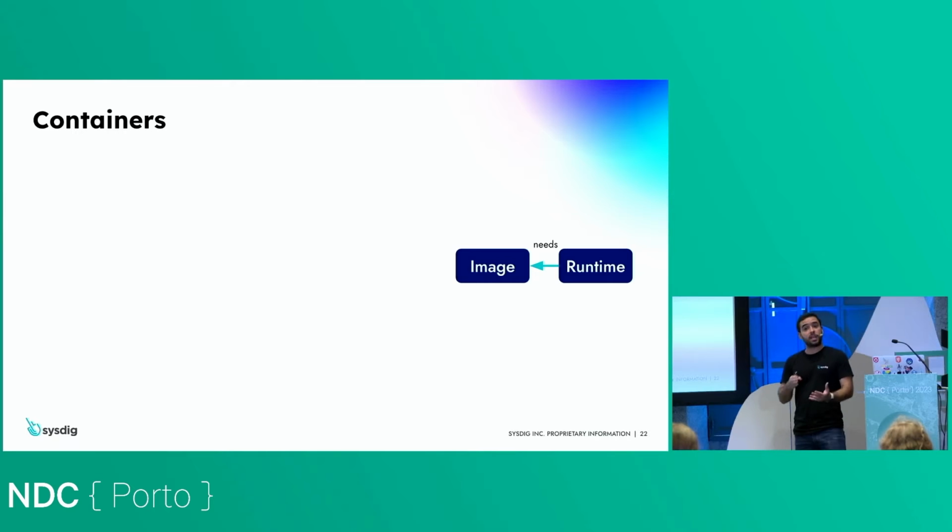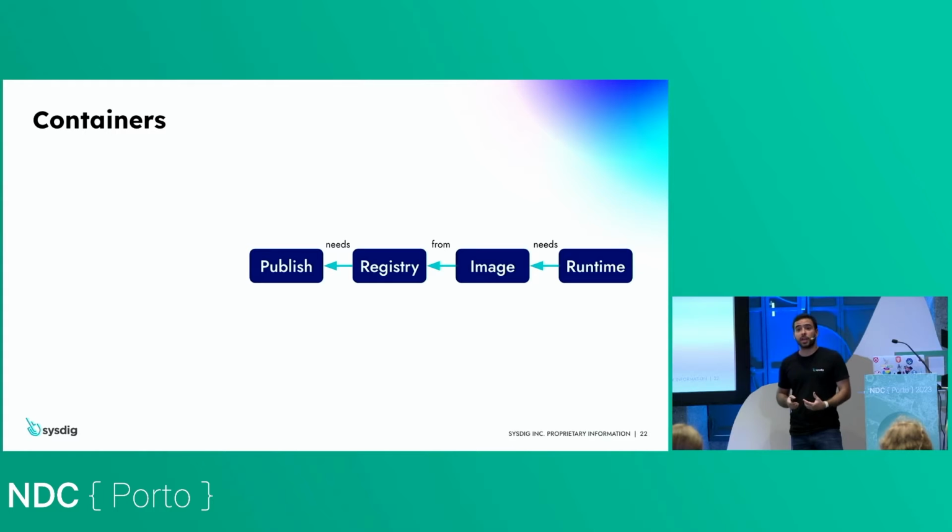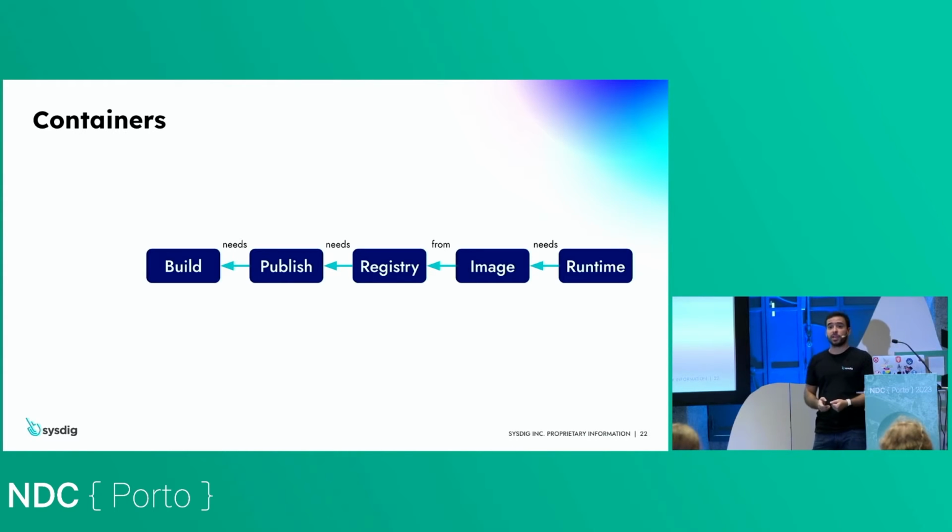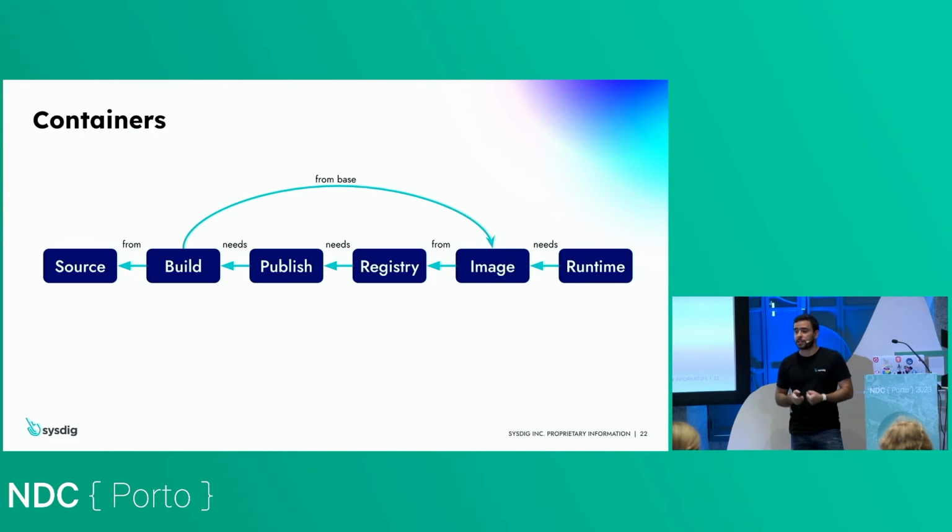And to have the image for that container, we actually need a registry to pull that image from. And to have that registry, we need to publish that image to the registry, and we need to build that image at some point. And finally, to build the image, we need the source code with our application that we are going to run, plus the base image that's in there.